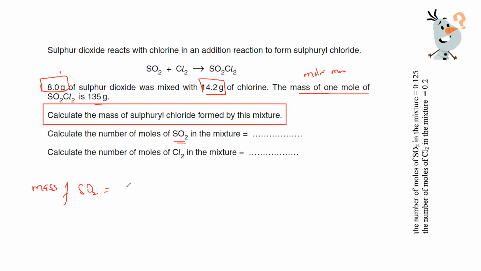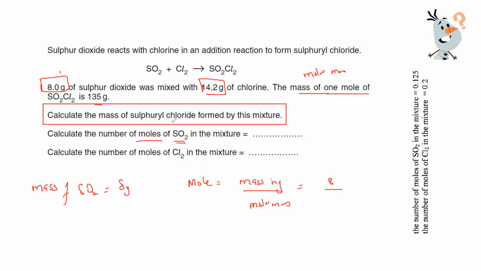So if we have the mass in gram, then we can use the formula moles equals mass in gram divided by the molar mass. Because we are finding the moles of sulfur dioxide, we use the mass of sulfur dioxide, which is 8, divided by the molar mass.